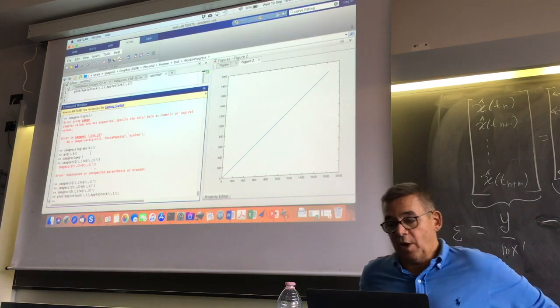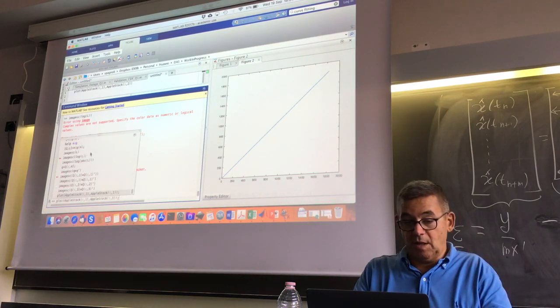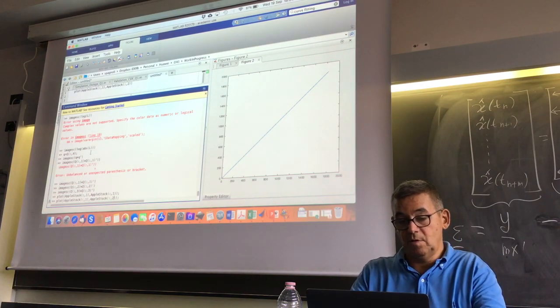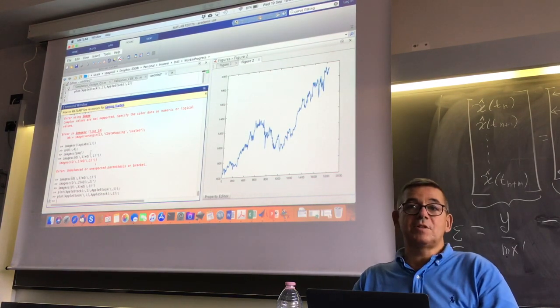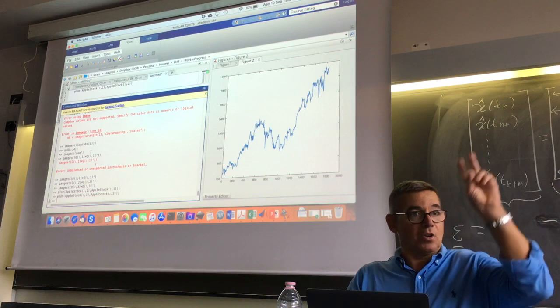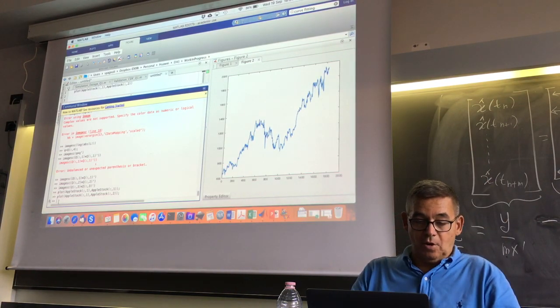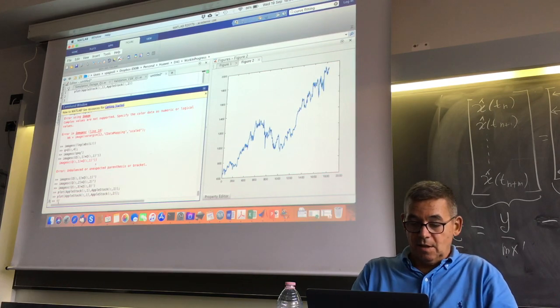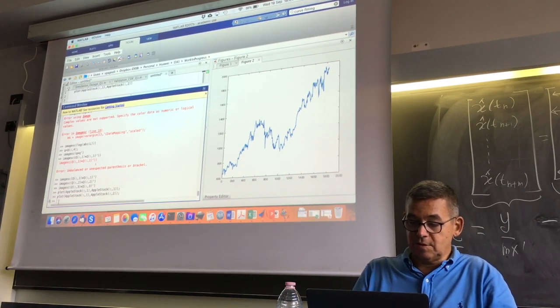Okay, yes. This is the time. Apple stocks 1 is the time, and Apple stocks 2 is the data. So the data I'm using is the second column of the matrix Apple stock. Let me call this one T. So T is equal to Apple stocks 1 because it's the time.